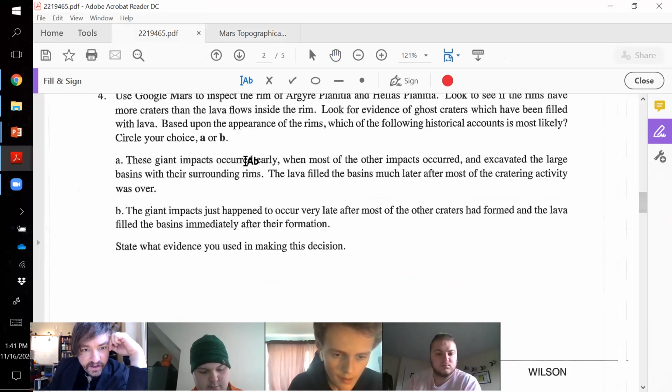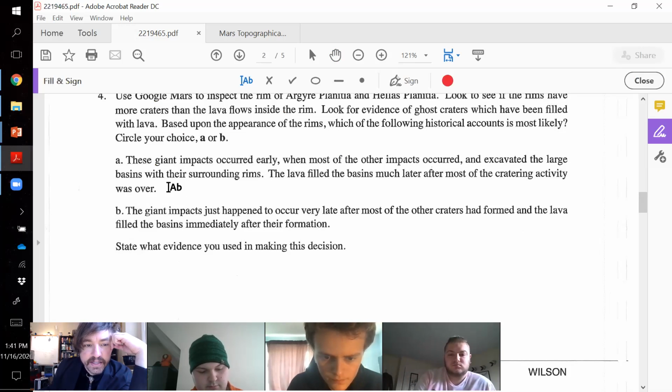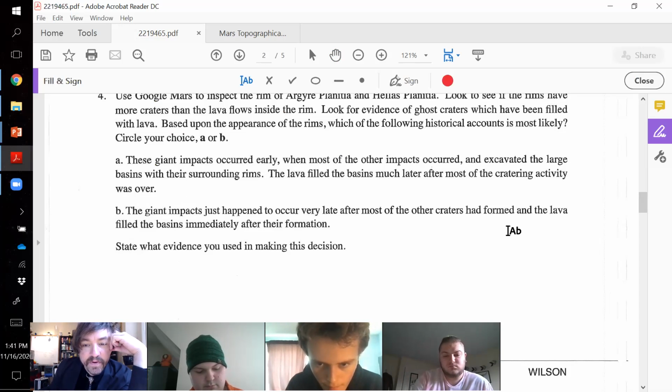A, the giant impacts occurred early when most of the other impacts occurred and excavated the large basins with their surrounding rims. The lava filled the basins later after the cratering activity of the heavy bombardment. Or B, the giant impacts just happened to occur very late after most of the other craters had formed, and the lava filled the basins immediately.